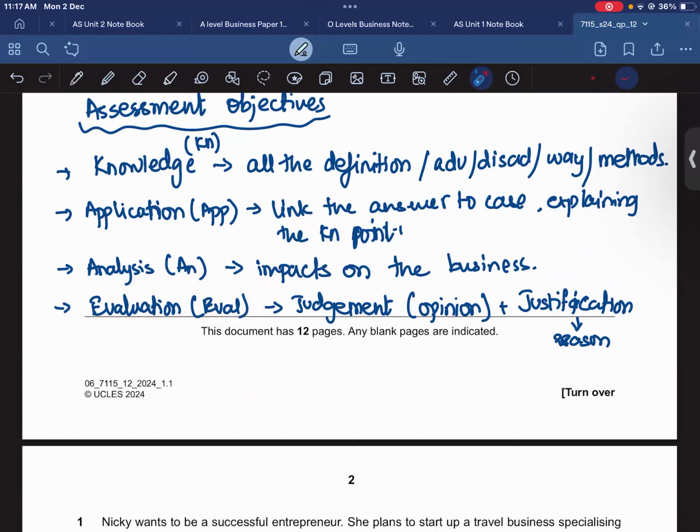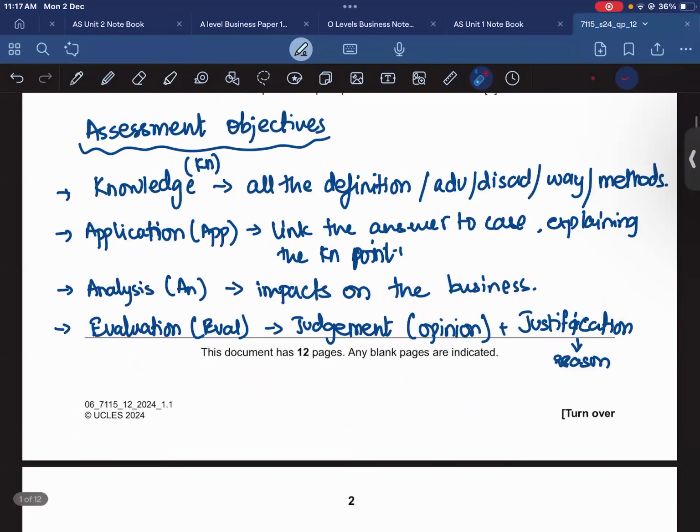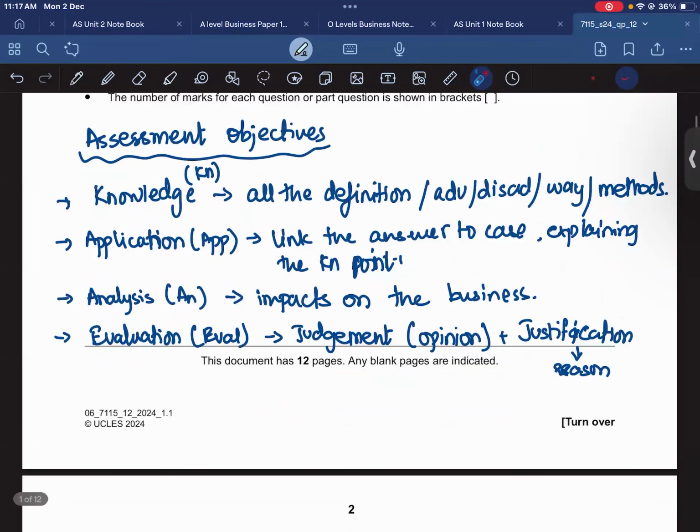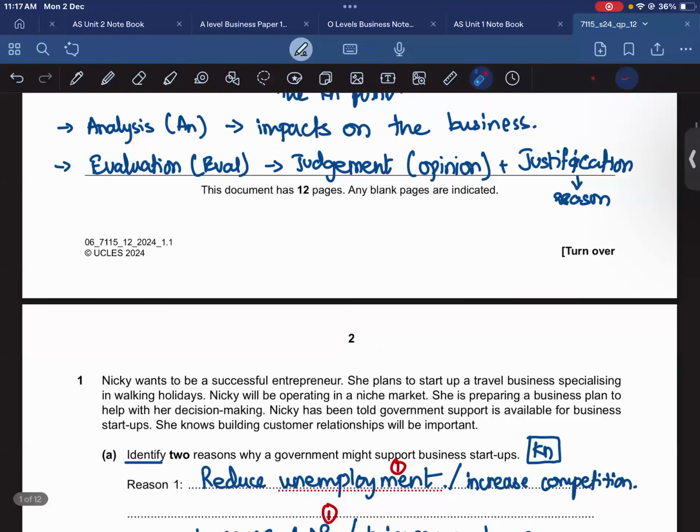And evaluation is basically the judgment and justification part. तो इसके अंदर आपने ये दिखाना होता है कि आपका ओपिनियन क्या है, what's your opinion and what's the reason behind that particular opinion. So these are the four assessment objectives, and basically we are going to discuss in each answer what assessment objectives are important for each and every answer.